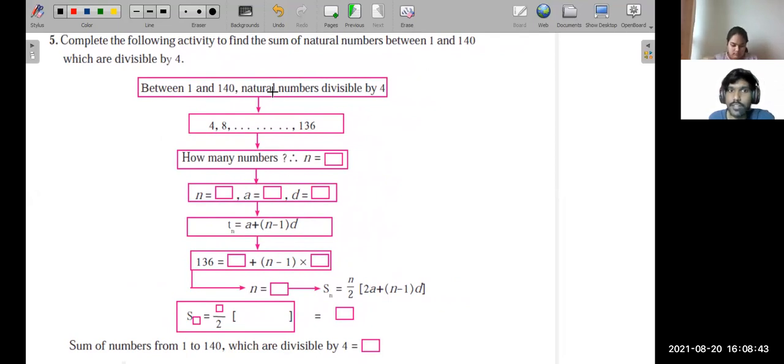So the natural numbers between 1 and 140 that are divisible by 4 are: first 4, 8, and the last number is 136. Now how many terms between 4 and 136 do you have to find out? How many terms here?